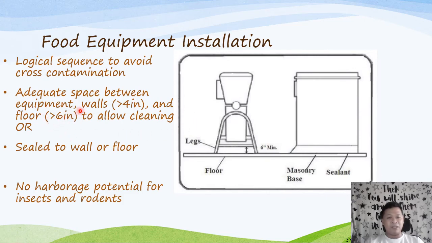Of course, if the equipment is larger, you would need a larger floor clearance kasi baka kailangan sumuot ng tao doon or something. And then you can also have it sealed to the wall or to the floor, dikit siya na walang gaps. Okay. And there should be no any area para magtago yung mga daga mo at saka mga ipis.